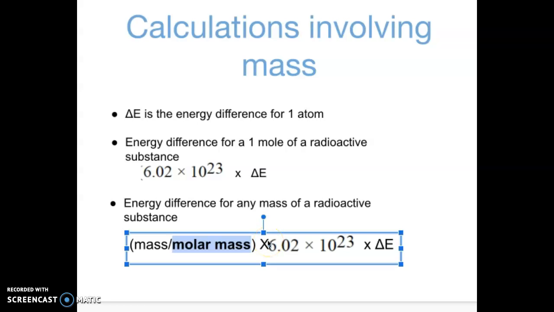So 12 grams would be the molar mass of carbon-12. So whatever mass you're given, divide it by the molar mass and then multiply it by Avogadro's constant and then multiply that by the mass defect. Let's have a go at that.